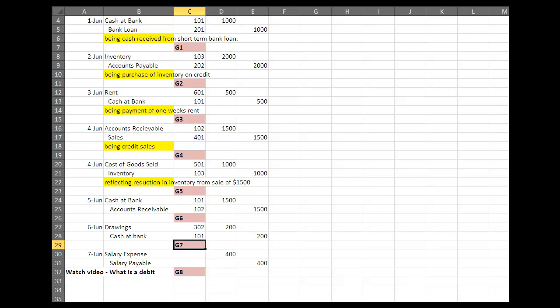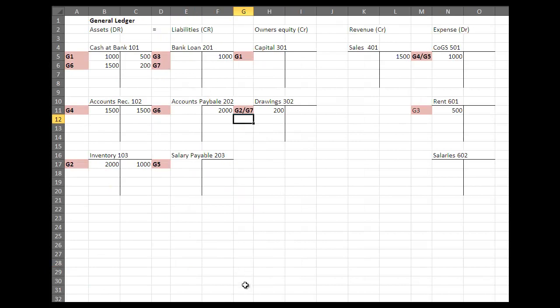And then the last journal we need to post is salary expense, which was $400 debit, and that is salary payable, $400 credit. Now this is a G8, General Journal 8.